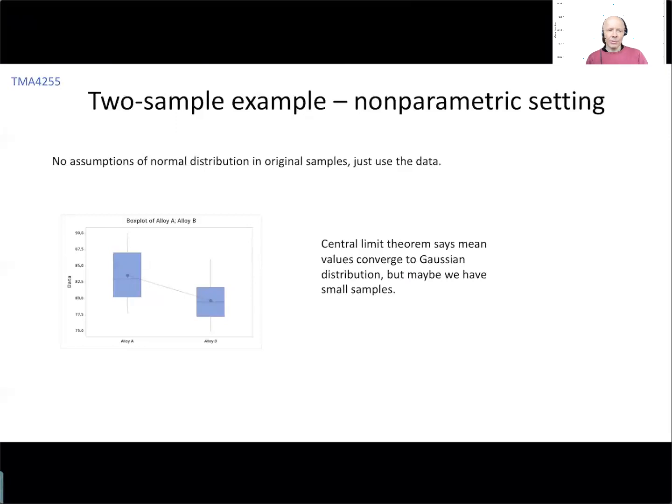But maybe we have small samples, or maybe it's not so easy to estimate the variance, so we don't get these t or chi-square distributions as easily as we hope. So non-parametric statistics is about putting a minimum number of assumptions on a distribution.